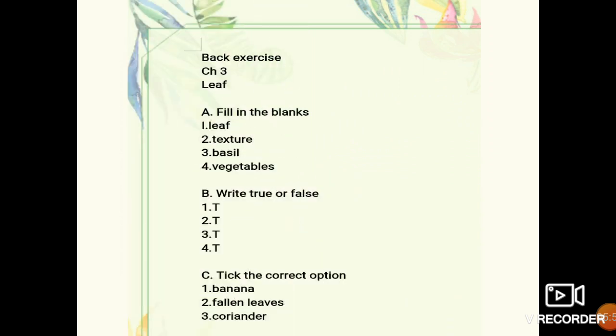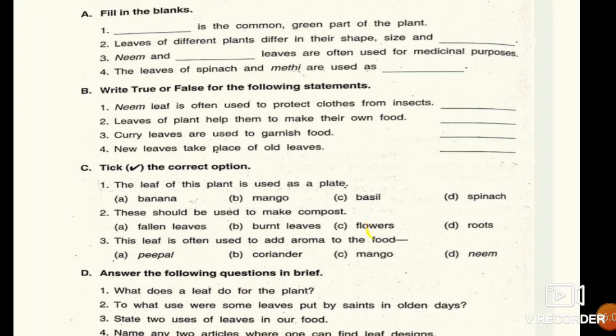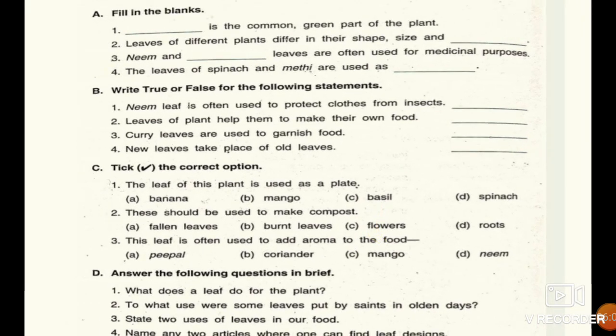This is the back exercise of your book, children. Fill in the blanks. You have done all these A, B, C and question-answer parts in previous classes.